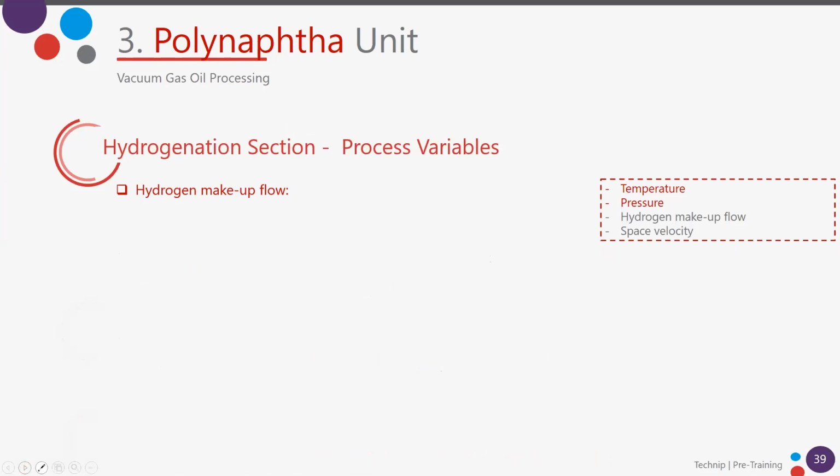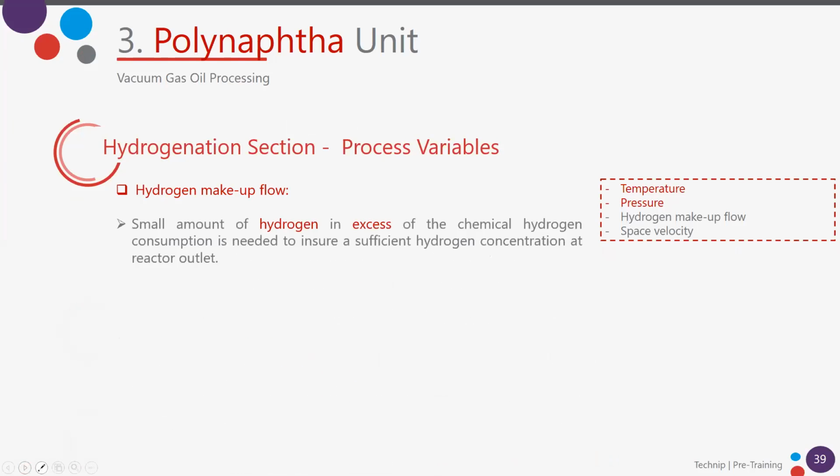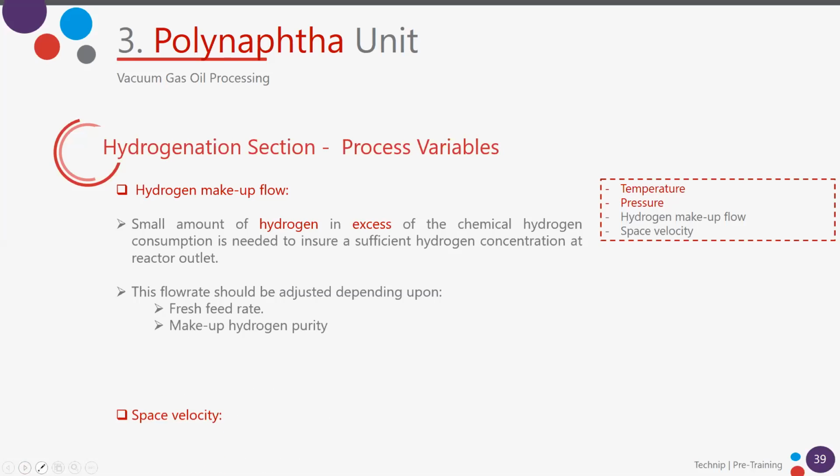What about the hydrogen makeup flow? Small amounts of hydrogen in excess of the chemical hydrogen consumption is needed to ensure a sufficient hydrogen concentration at the reactor outlet. The flow rate should be adjusted depending upon the fresh feed rate and makeup hydrogen purity.